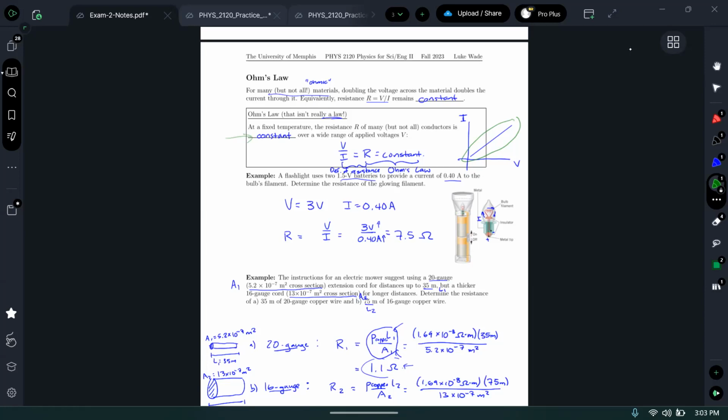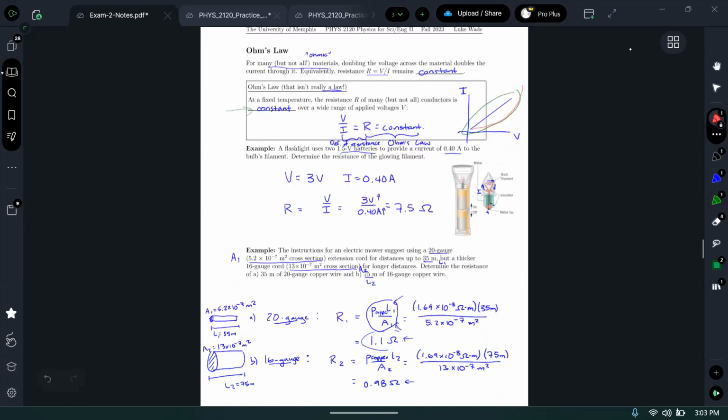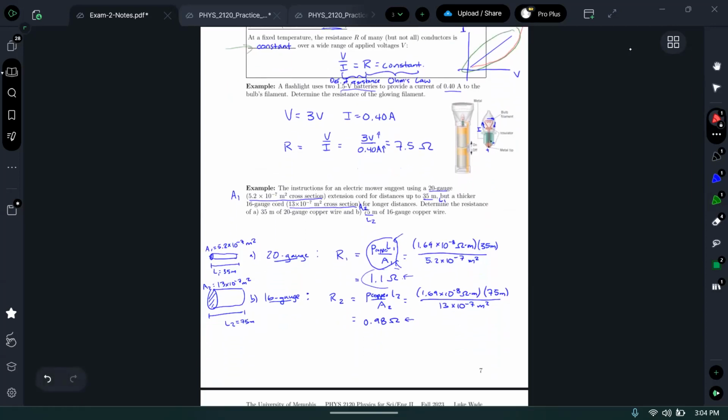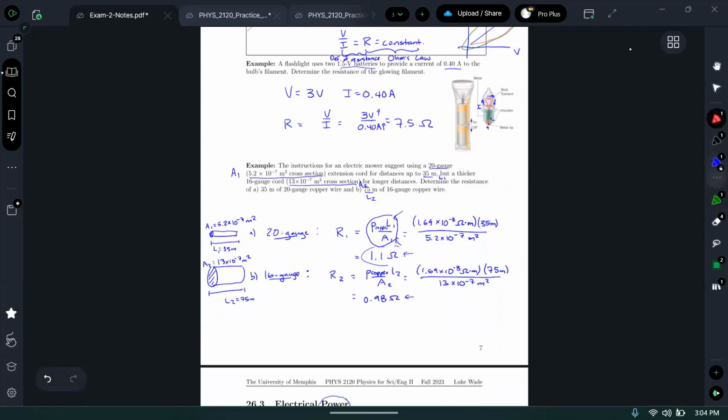If the curve doesn't look like that, if the relationship between voltage and current is something more like that, maybe, red curve, then we call that a non-ohmic material. It does not obey Ohm's law, which is why it's kind of misleading to call it a law. It's not like a law of physics where we expect it to always be true. And so calculations like these are good for calculation-based stuff.